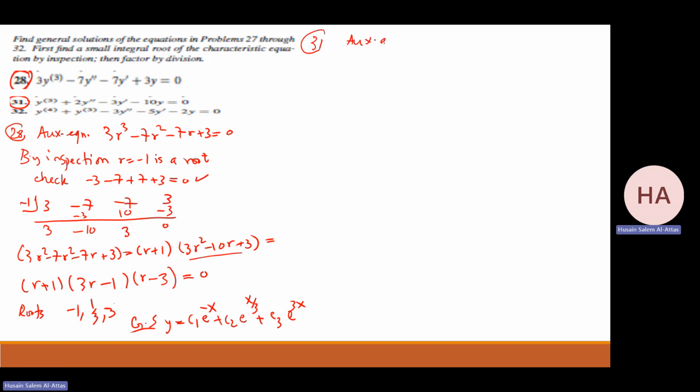Number 31. Auxiliary equation: r cubed plus 2r squared minus 3r minus 10 equals 0. Yeah, I need to guess the solution. Seems to me 2. By guessing, r equal 2 is a root. By inspection.